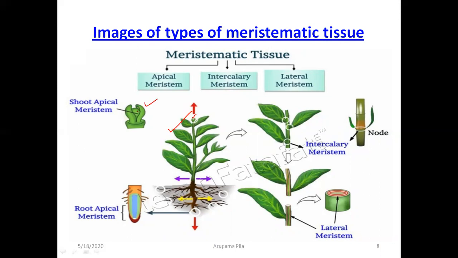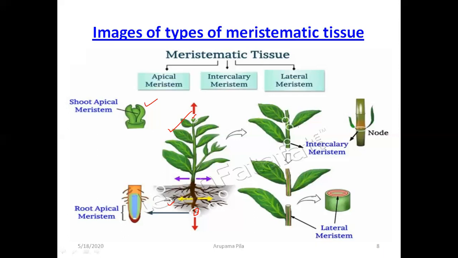In the apical part of the shoot, meristematic tissues are present. Then roots are present here, and in the roots you can see this is the tip of the root. In the root tip, root apical meristem is present. This is root apical meristem.